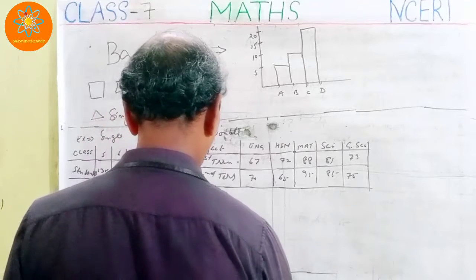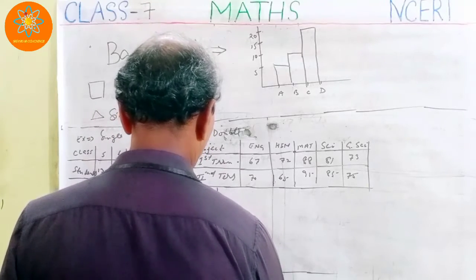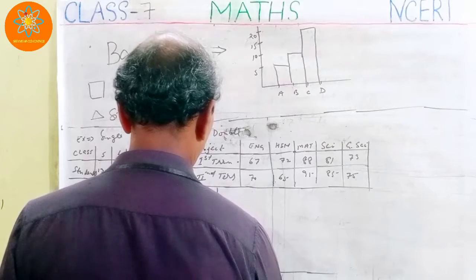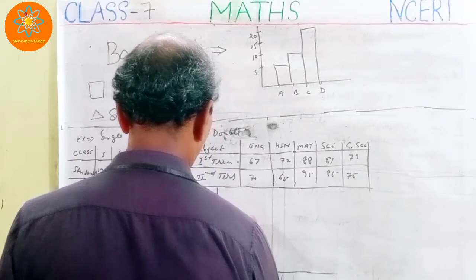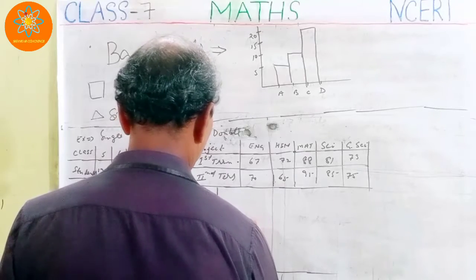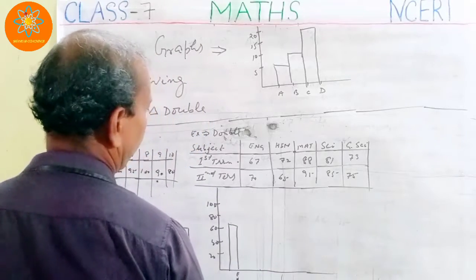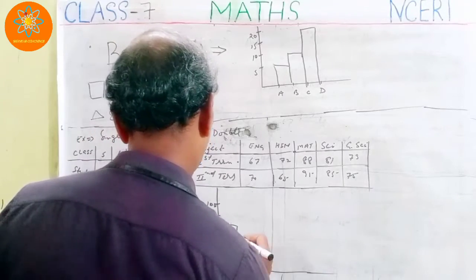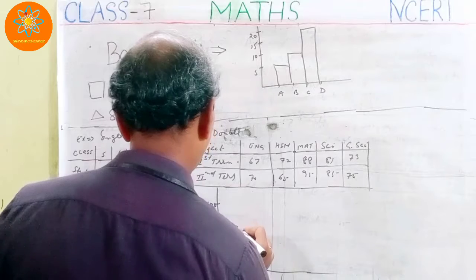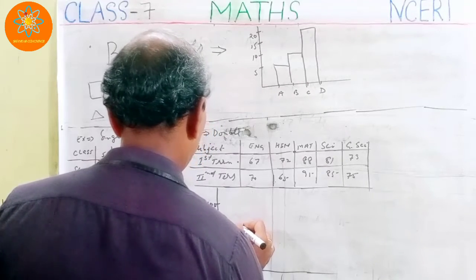So 67 in between this. This is 67. Then 70.